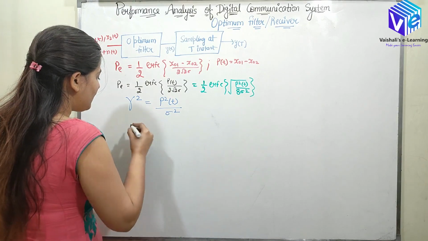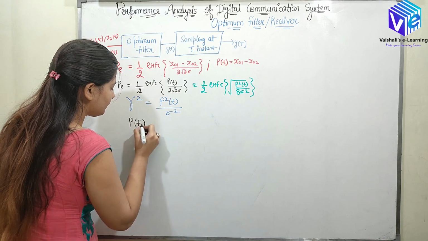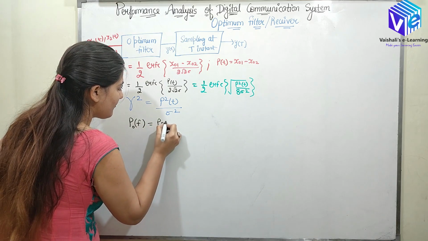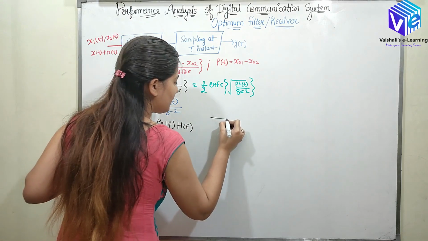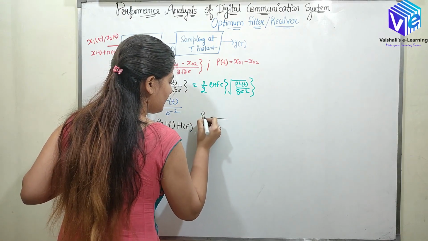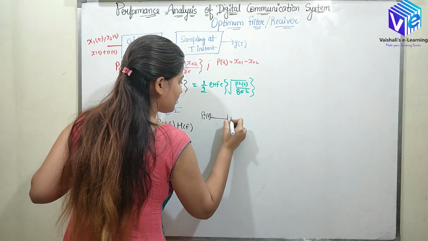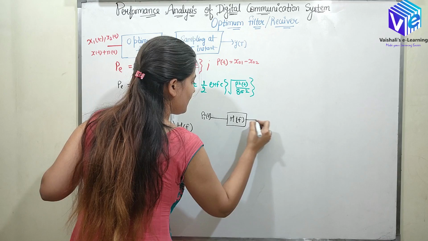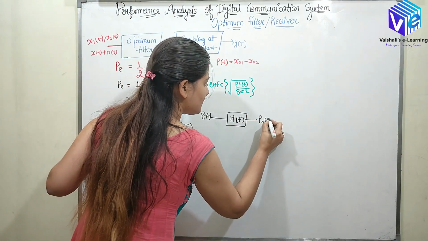Now if I talk about P output f, it is equal to P input f into H f, as it follows the linear equation. P input f is multiplied with the transfer function of the system and it produces P output f.